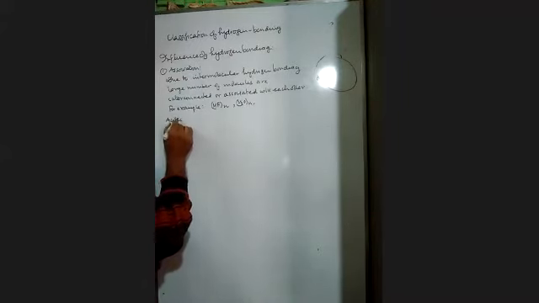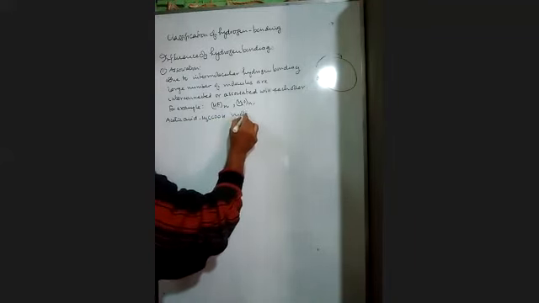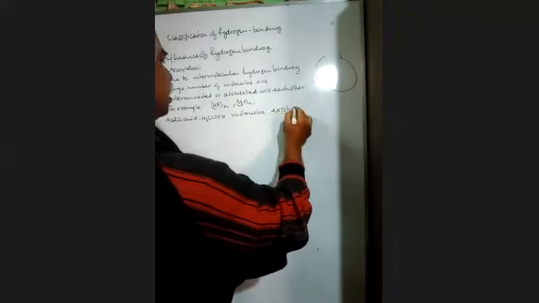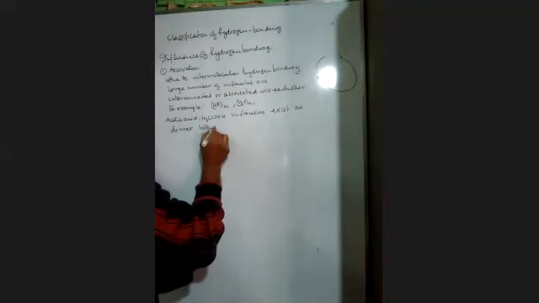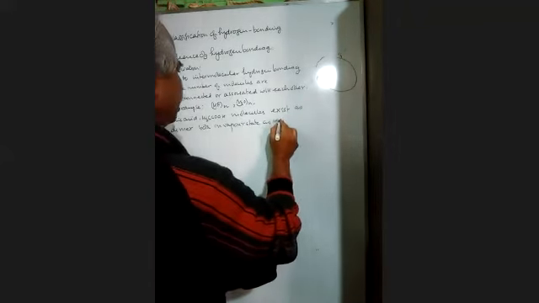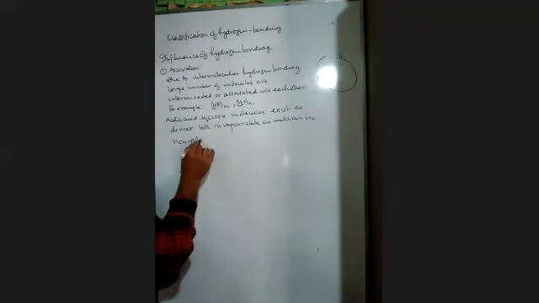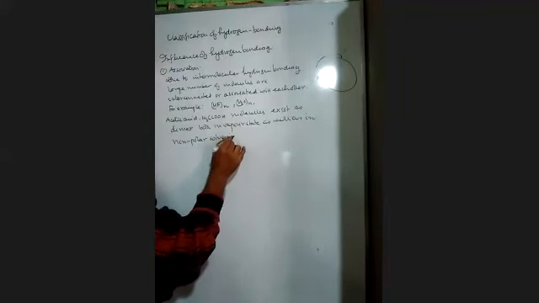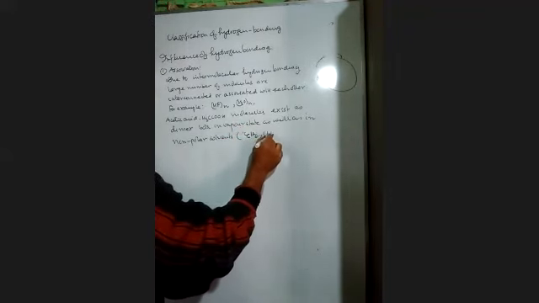Acetic acid. This is acetic acid. Molecules exist as a dimer, means two of them are bonded together, both in the vapor state as well as in non-polar solvents like benzene, CCl4, etc. See, how does the acetic acid molecule exist?